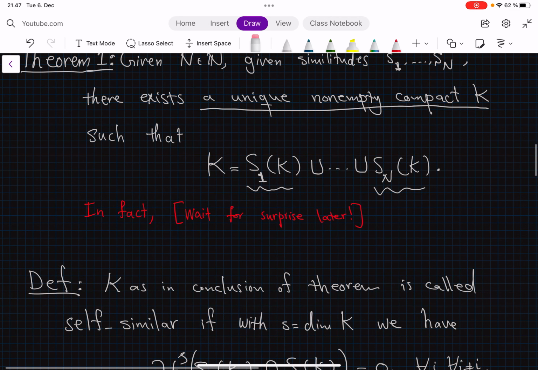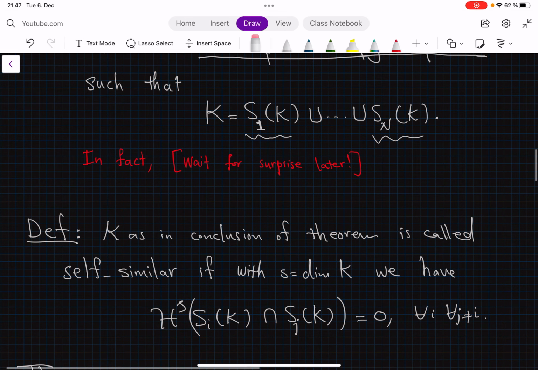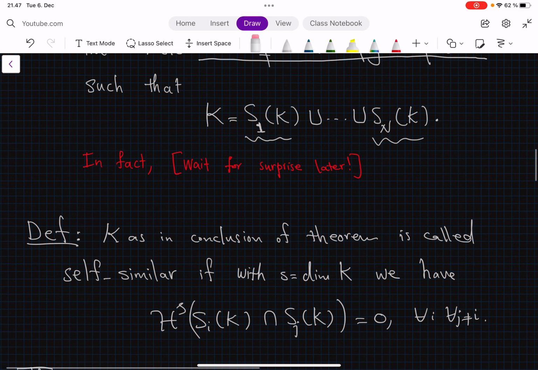But of course, for the purpose of calculating Hausdorff dimension and things, and also intuitively, we don't want to call sets with such bad overlaps self-similar necessarily. That's why we define a set to be self-similar.